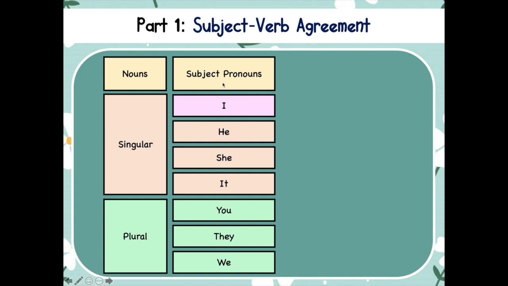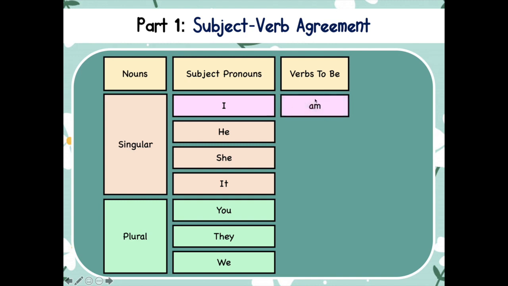So after the subject pronouns, the verb to be must go after the subject pronouns. There are 3 verbs to be. For I, the verb to be is am.